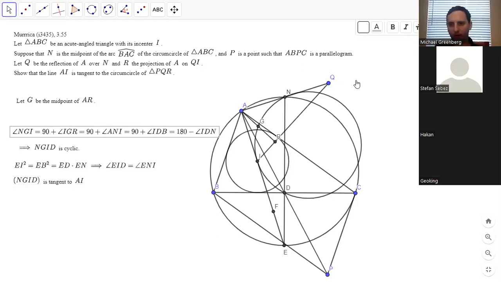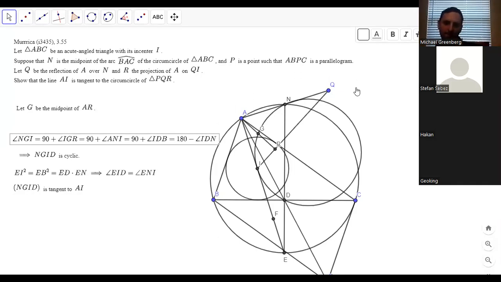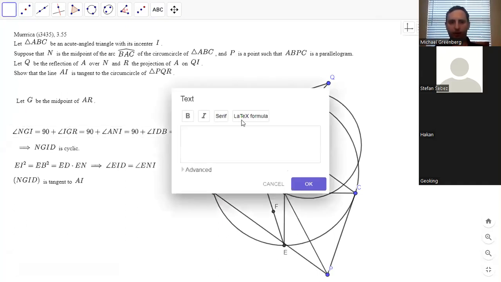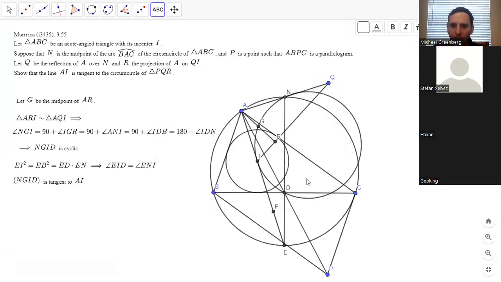Yeah. Okay. So now only just homothety. You just do homothety and then we are done. Okay. So ARI is similar to AQI. That implies that angle IGR equals angle ANI.